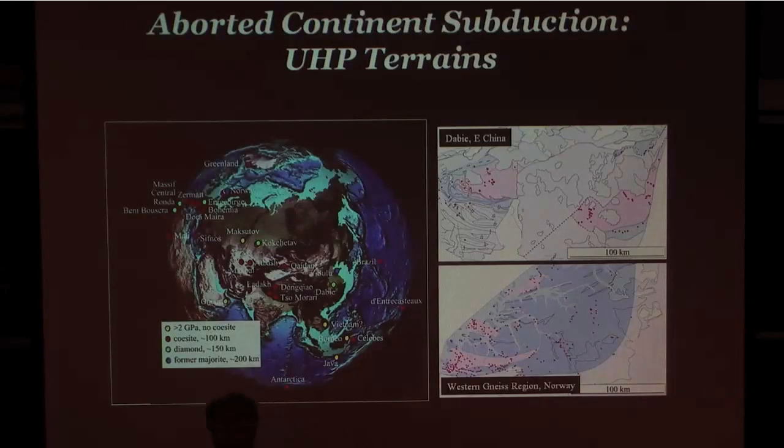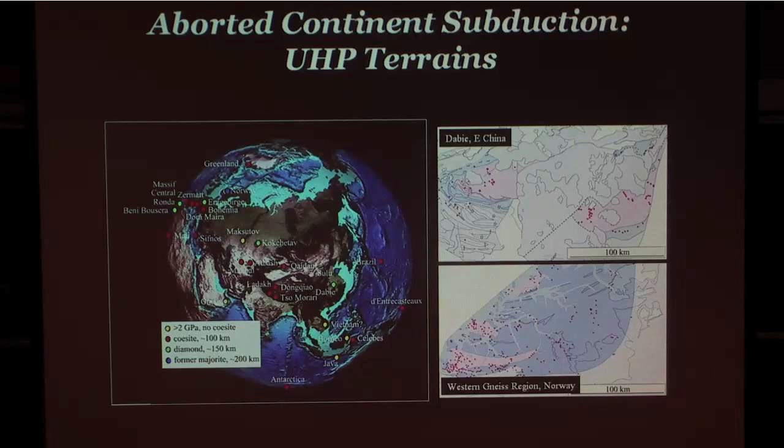These rocks are known from pretty much every well-studied Phanerozoic orogenic belt that had any kind of continent involved. Here are a couple of examples just to give you an idea of the scale. This one in Norway is about 200 by 100 kilometers, and we think the third dimension is about 30 kilometers.